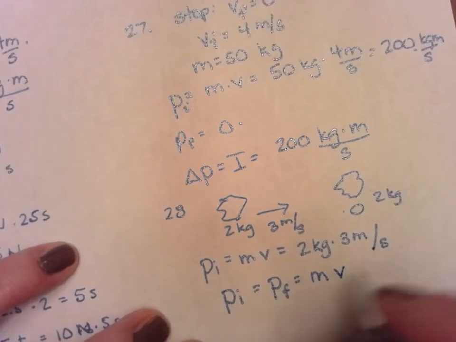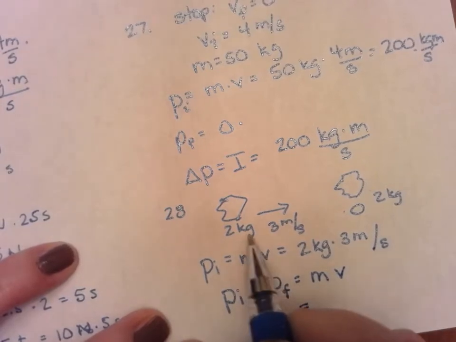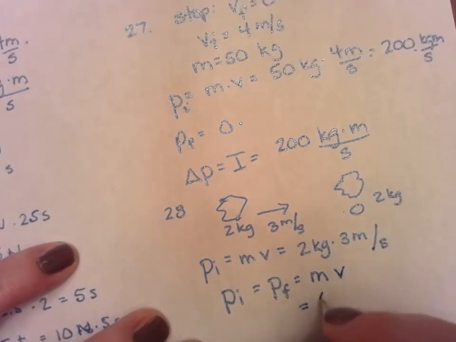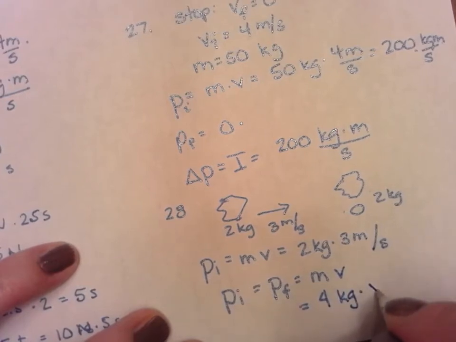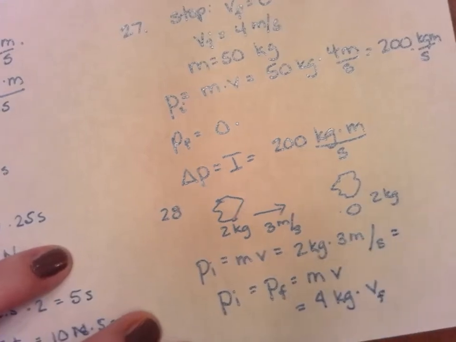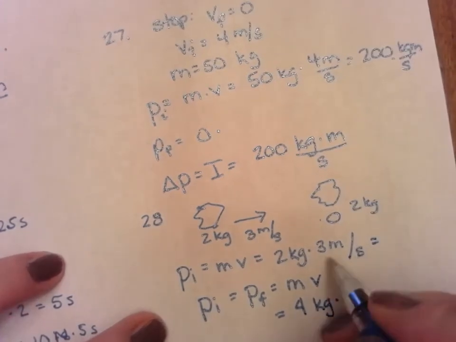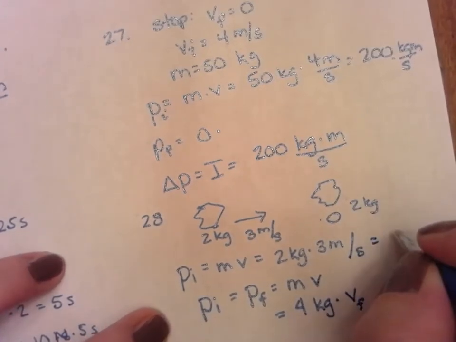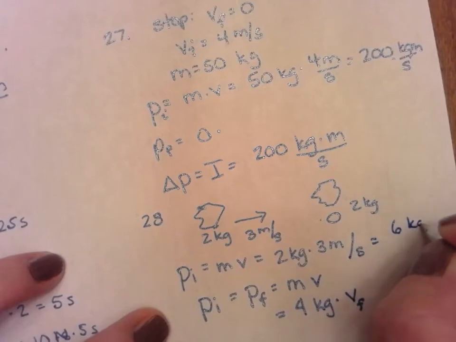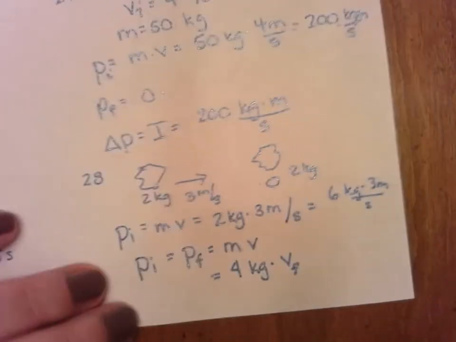The final mass is both blobs together, 4 kilograms, times the final velocity, which is still equal to the initial momentum, 6 kilograms times 3 meters per second.